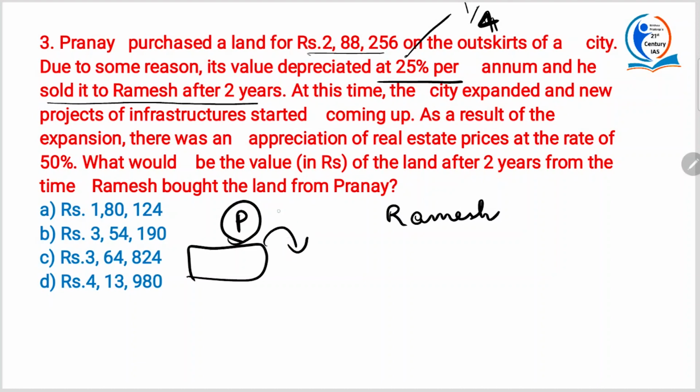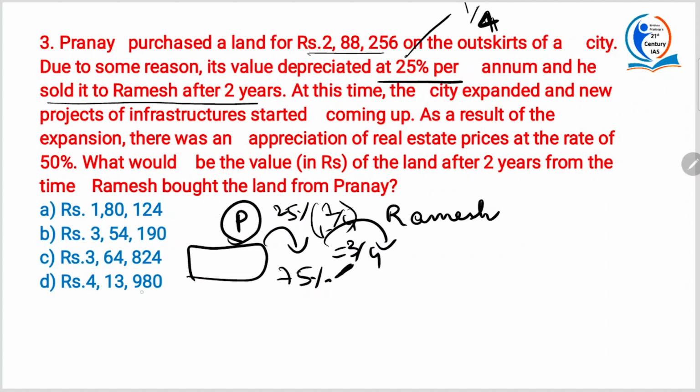So it is a 25% decrease, which means you have to subtract 1/4 of the amount. If you subtract 1/4 from 1, how much will remain? 1 minus 1 by 4 is 3/4, no? So it is becoming 75% of the initial value. 3/4 and 75% are the same. It becomes 75% of the initial value, and again 75%.